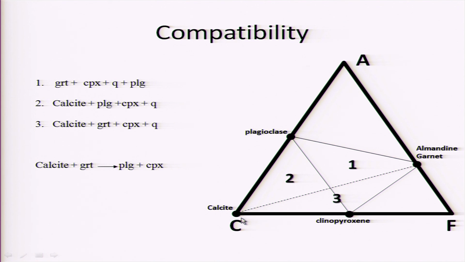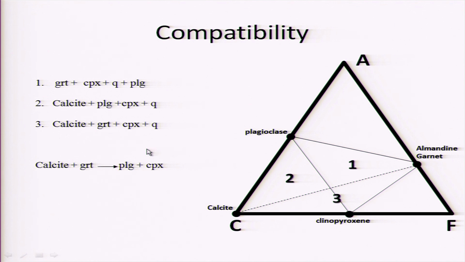When we try to plot calcite here, garnet here, clinopyroxene here, we find that the plagioclase clinopyroxene tie line is crossed. This is not permitted. Remember, a tie line represents coexisting minerals. If there is a crossing of tie lines, that means there is a reaction.